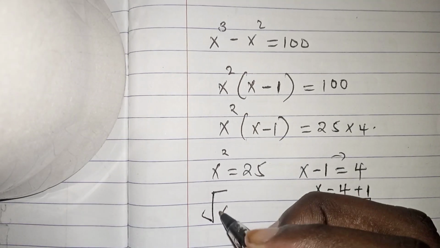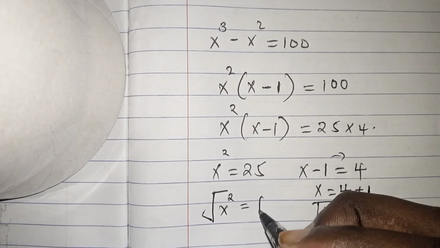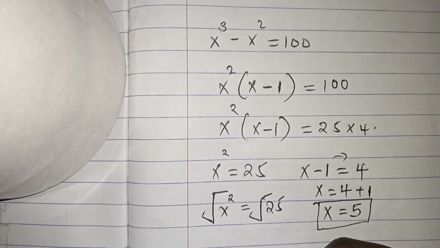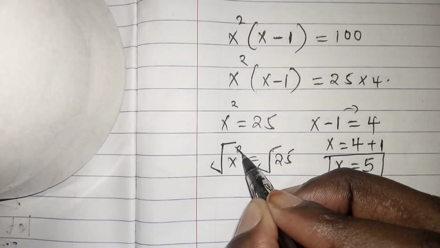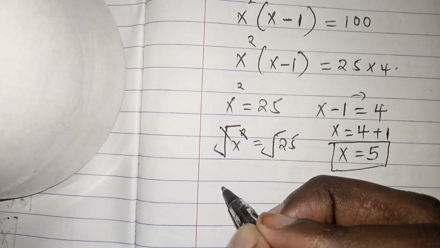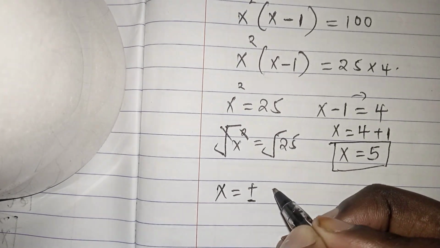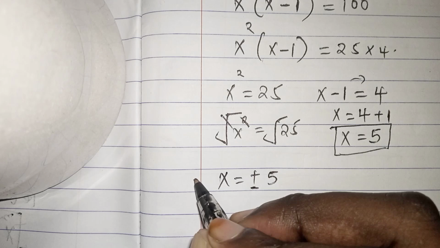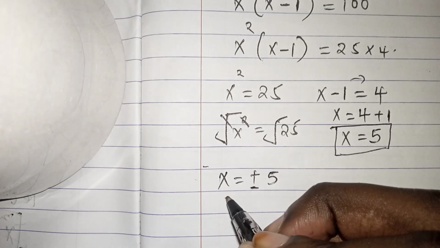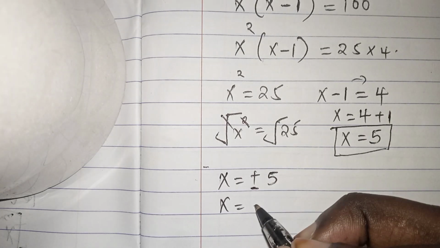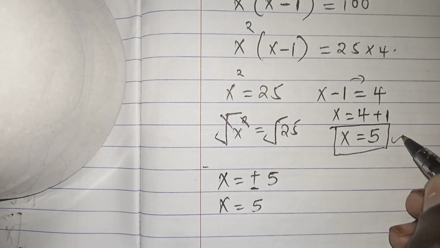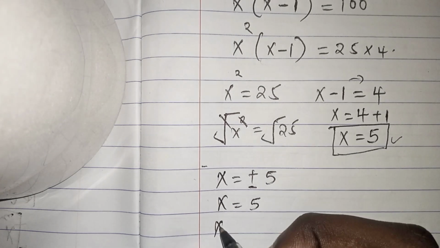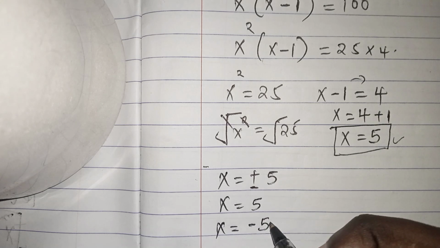So square root of x squared is equal to square root of 25, whereby the square will cancel with the square root. x is equal to plus or minus 5. So for this case, we'll have two solutions. So x is equal to positive 5, which is the same as this, and x is equal to negative 5.